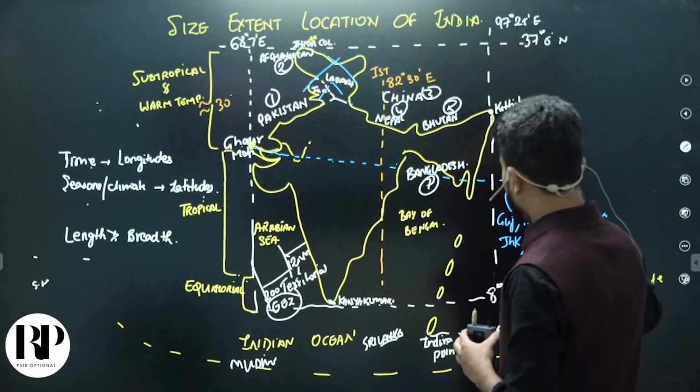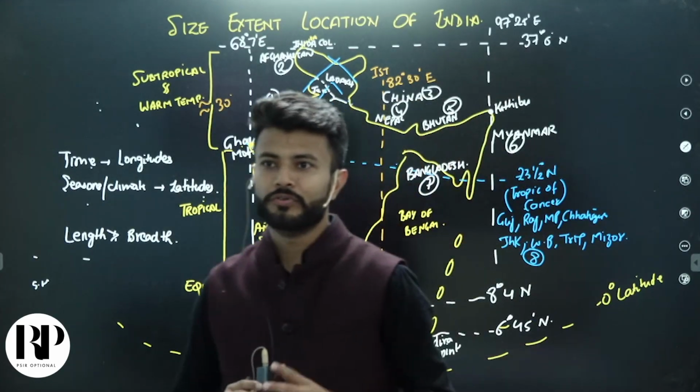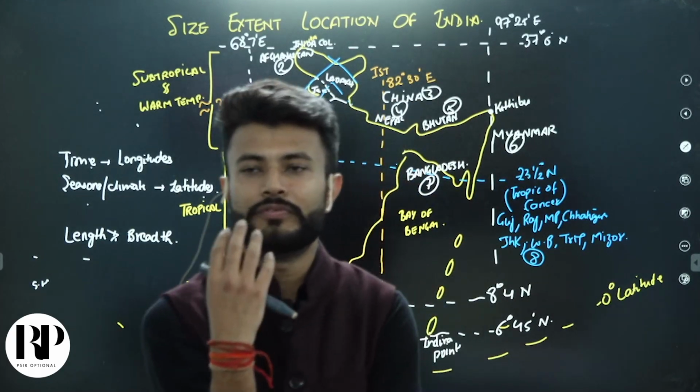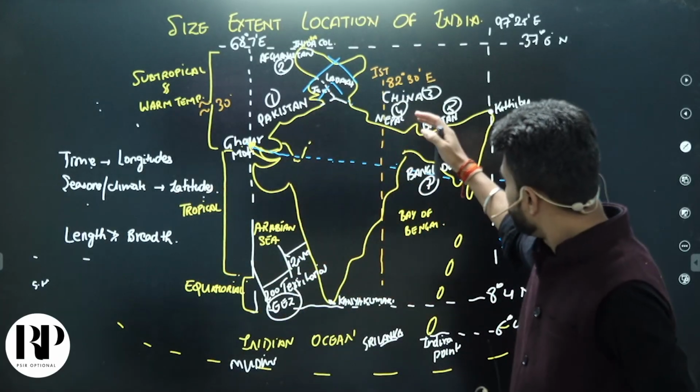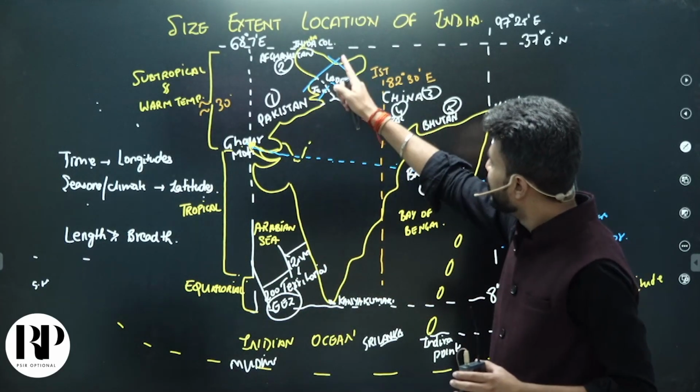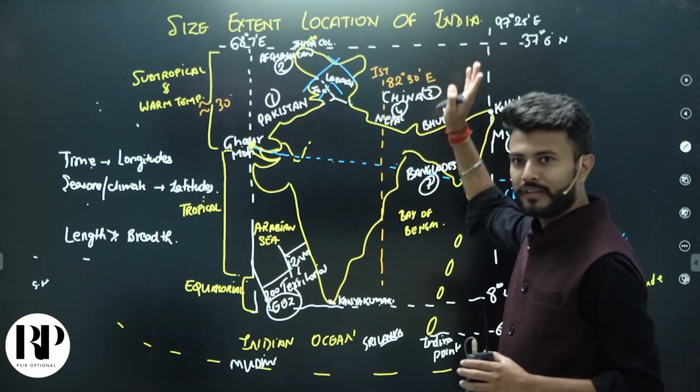Okay. Now you have to brainstorm a few things. I'll ask you a few questions. Now we have understood the size, the extent as well as the location of India.